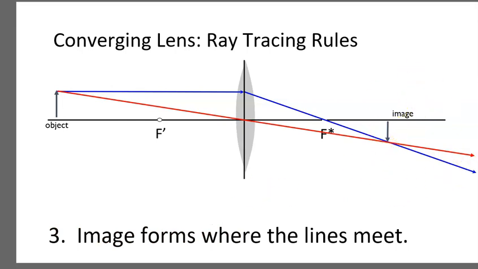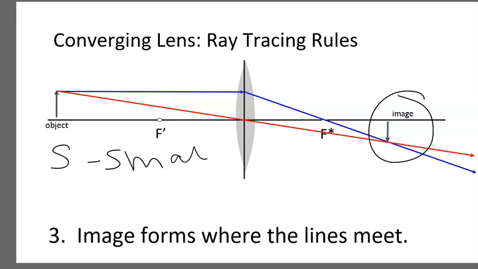Now, do y'all remember what SALT is? It's what describes our image. So S would be the size, and it is smaller than our object. A would be the attitude. It's inverted.